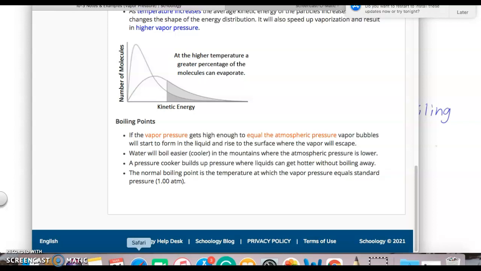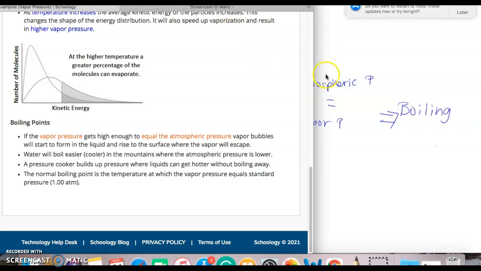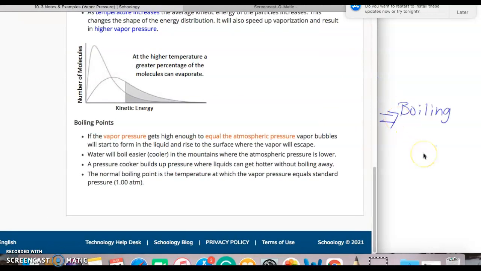So when we think about our discussion post today, we said that when we try to cook at higher altitudes, say in the mountains, for example, then our water is actually going to boil cooler. When you are up in the mountains, the vapor pressure gets to the atmospheric pressure quicker, meaning that your boiling point is lower.